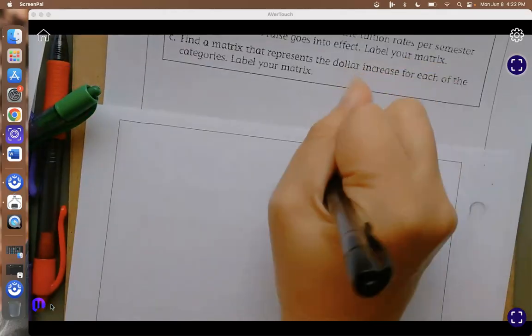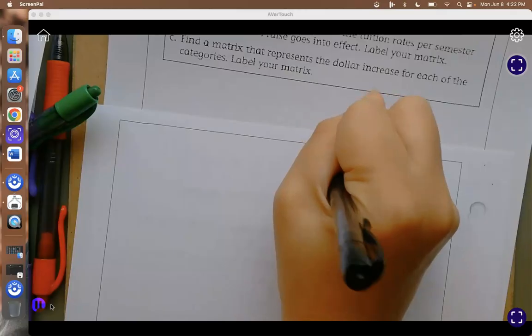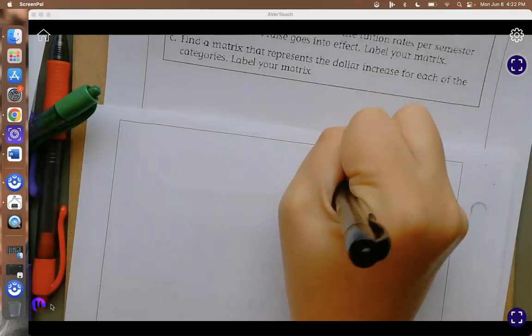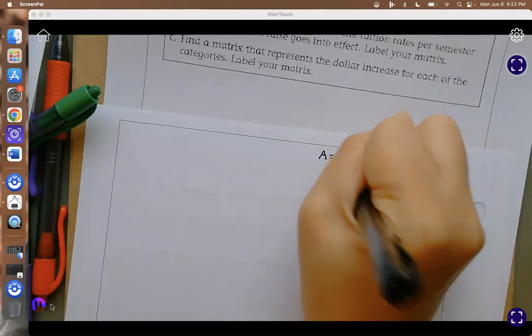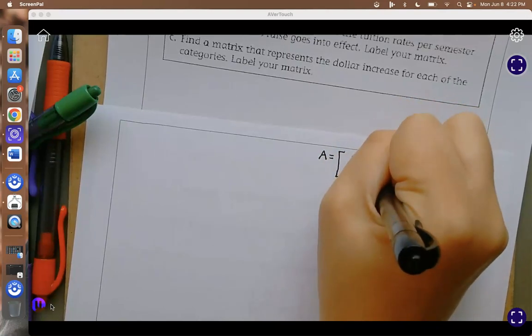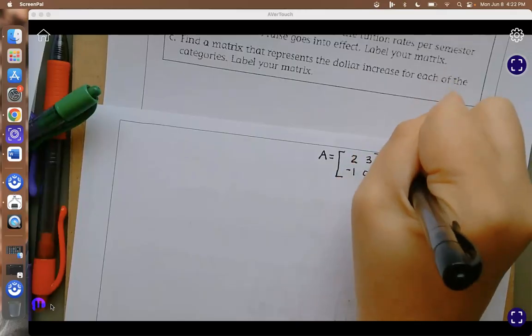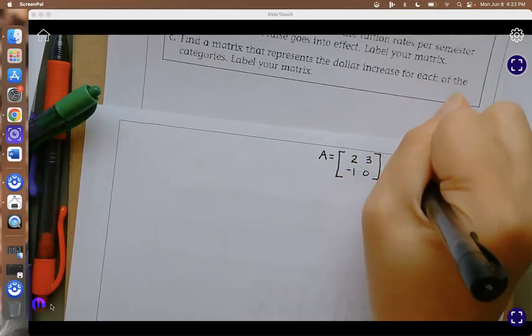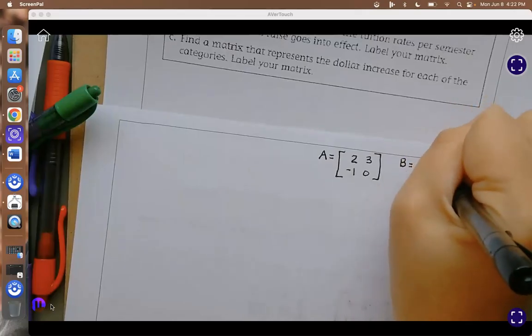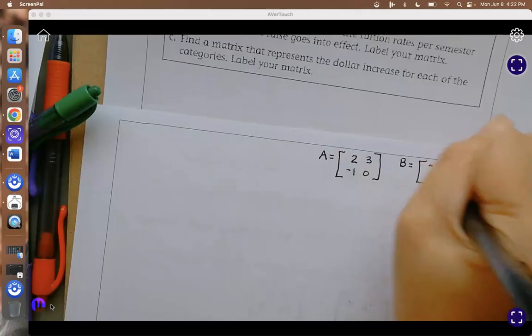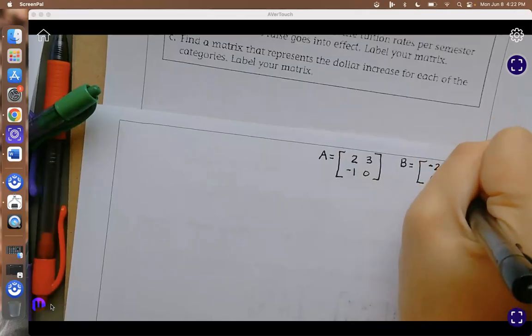All right. Let's do a different one. Let's say that matrix A is a 2 by 2, first row being 2, 3, second row being -1, 0, and B is a 2 by 2, which is -2, 1, 0, -1.